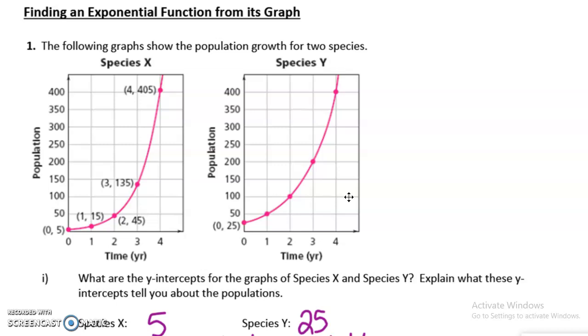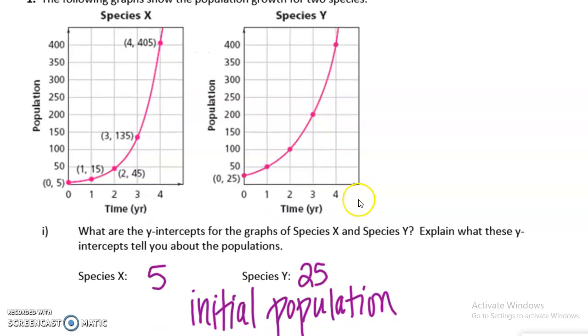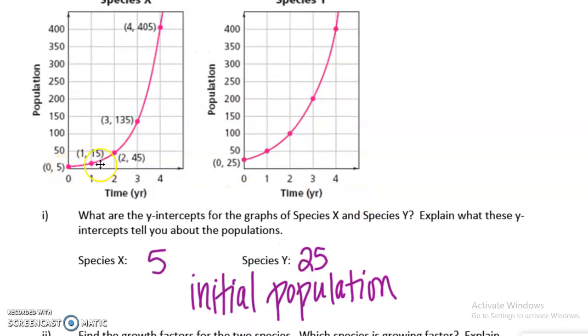So remember the y-intercept is the initial or the starting population. So at time 0, there was 5 of species X, whereas at time 0 in species Y, there was 25. In our equation, that initial population or starting value is the A in the equation. So keep that in mind.